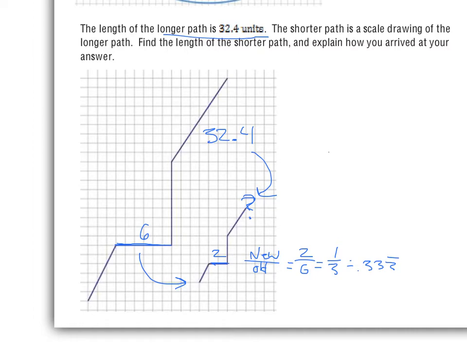Now that you've double checked that your scale is 33.3%, please go ahead and use that value to find the new value of the length of the path. Pause the video now to make sure that you get that done.